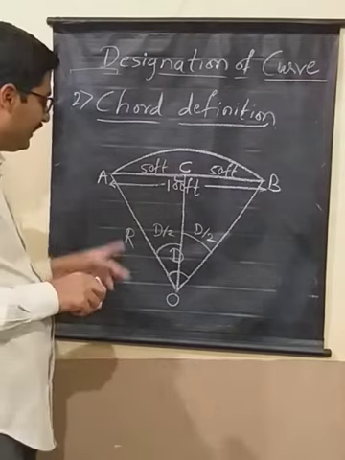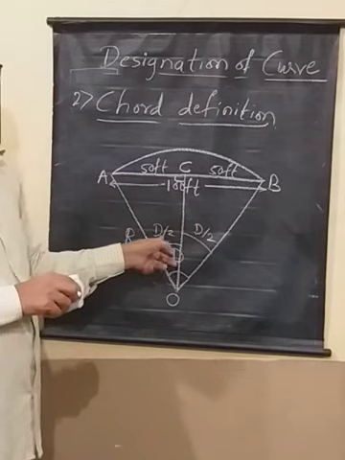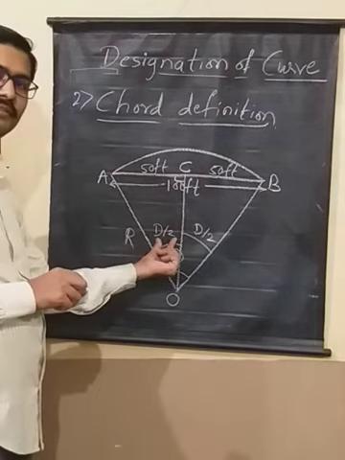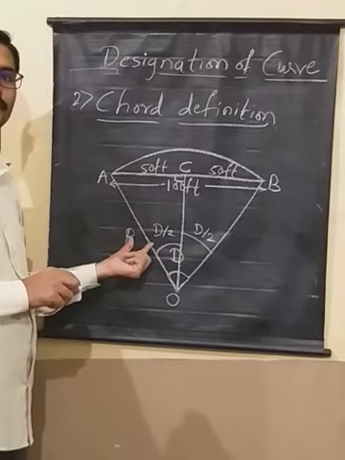Now if I have to get the relation between R and D by 2, I can make use of sine D by 2, sine of this angle. Sine of this angle will be opposite divided by hypotenuse, right?